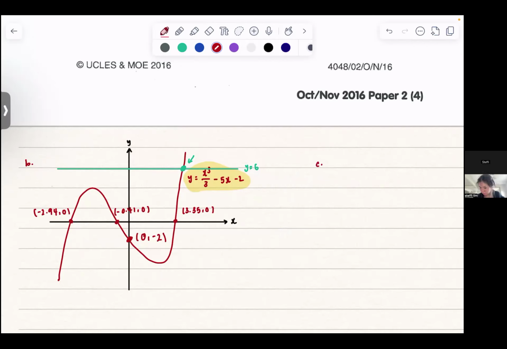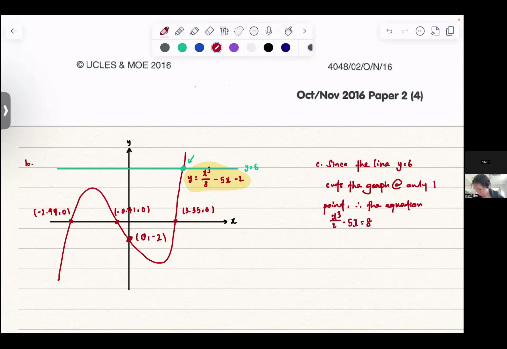Okay, so we can go ahead and say that for C, since the line y equals to 6 cuts the graph at only one point, therefore the equation x cubed over 2 minus 5x equals to 8 has only one solution.